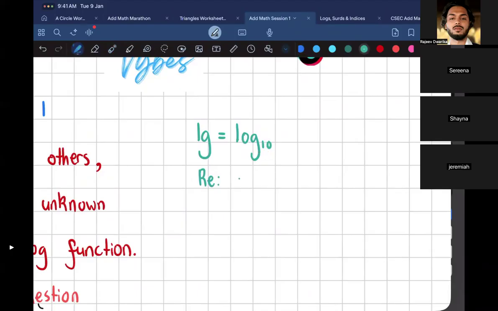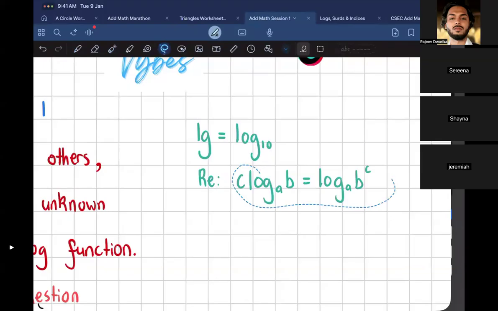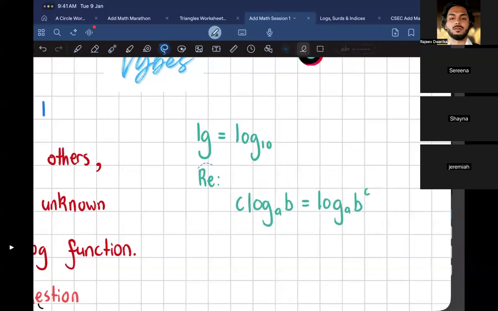C log A equals log A to the power of C, and you could move the C to be the power of A. And it works back and forth, right? Vice versa. And this is called the what rule, Sheena? Which rule is this called? The power rule. Right. This is the power rule.